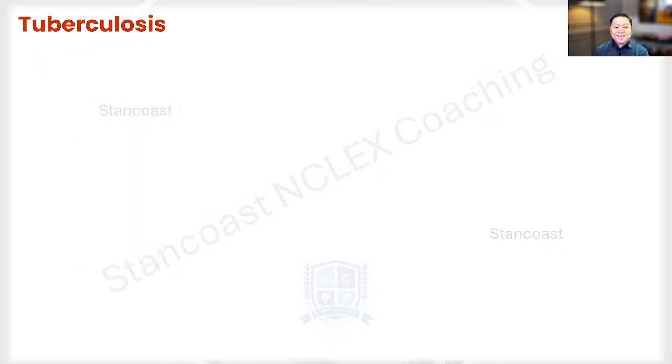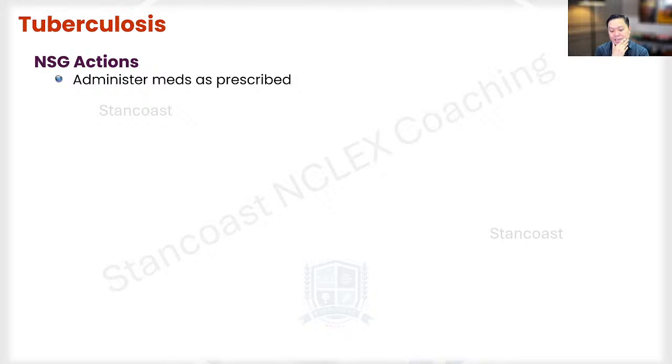Now, what are we going to do here, especially for the interventions? We are going to make sure that we are administering the medication in a timely manner. If the patient forgets a dose, especially in the home setting, as soon as they recall, hey, I forgot to take my medication early this morning, they need to take that medication right away, before it gets too late within the day.